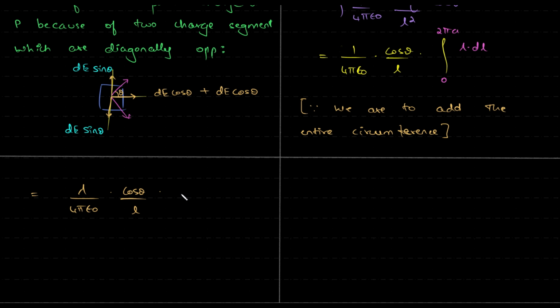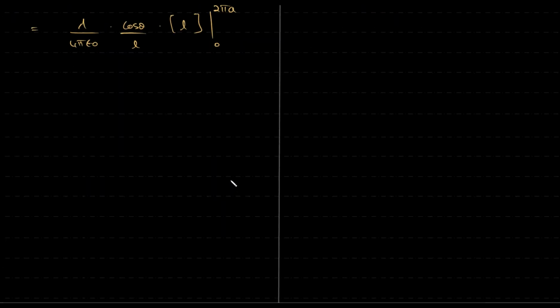So the integration of dl is 0 to 2 pi a. We need to integrate in this manner. So basically lambda by 4 pi epsilon naught, cos theta by L, times 2 pi a.